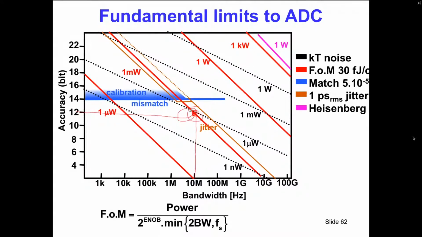So implementation loss-wise, I am here already a factor 1,000 gone, and so there is still quite a bit of area to win between the practical and the theoretical problems. Obviously, with 12-bit 10 megahertz, I am already rather close to these two more or less fundamental limits, either the mismatch of your components or the jitter, that will limit my real progress only to a factor 2 or so in this design.